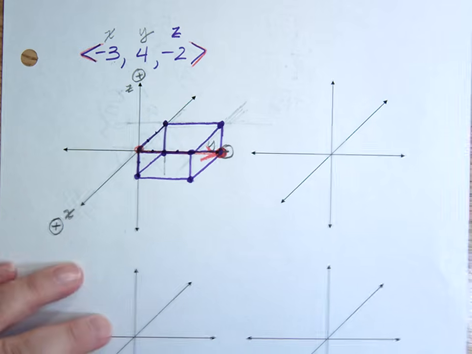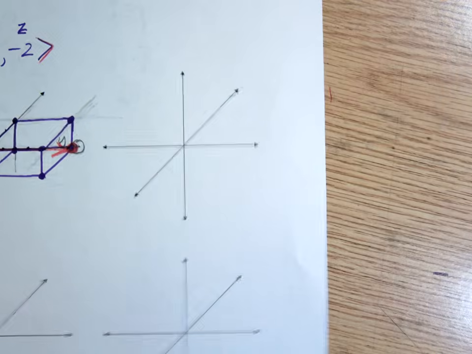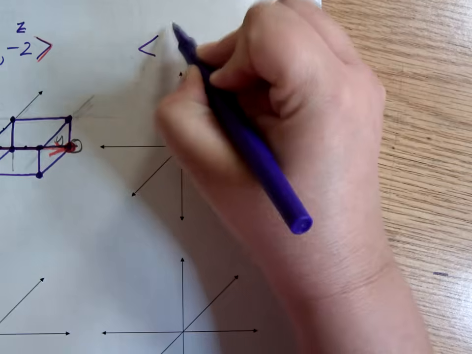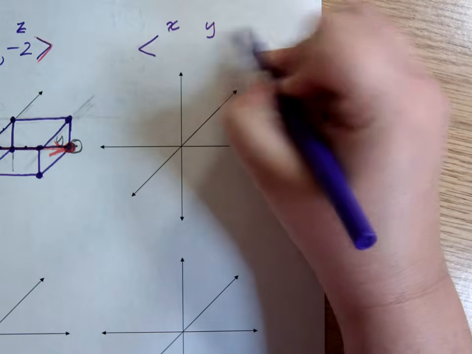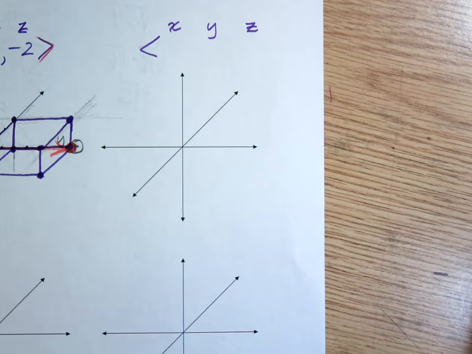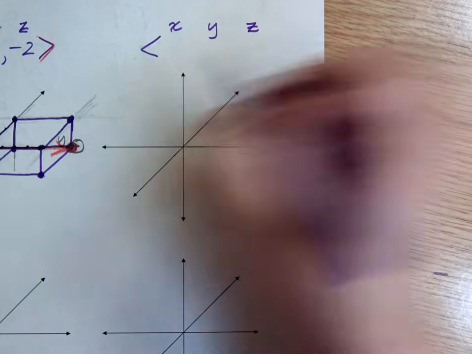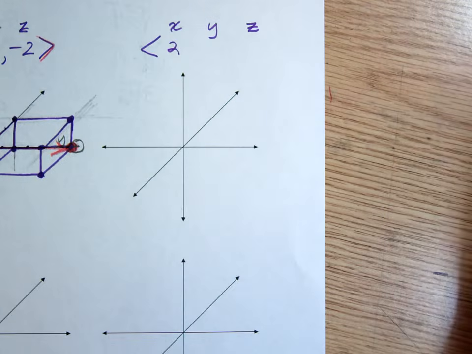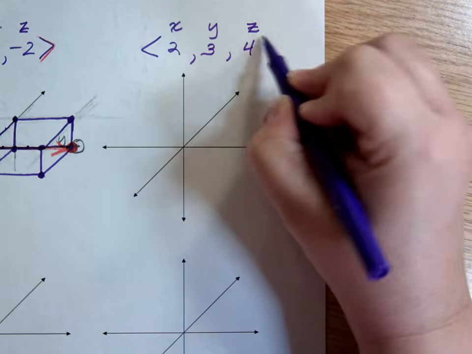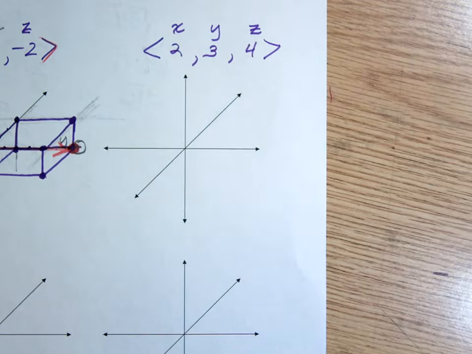So let's do another one that's a little bit more obvious. I'm afraid we're going to get interrupted by a vacuum in just a second, and if that's the case, I might just stop talking and still work. So we'll see. So X, I'm going to call X 2, and Y 3, and Z 4. Why not? 2, 3, 4.